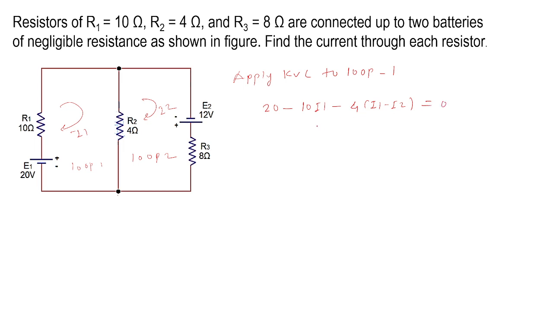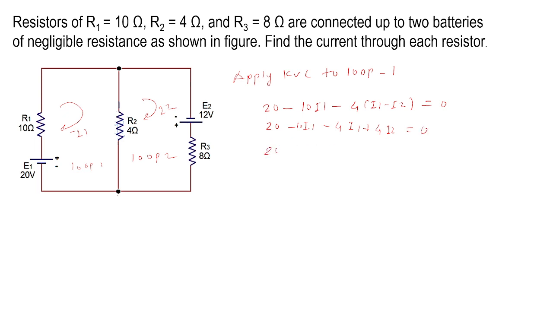Okay, if you solve this, you will get the equation for loop 1. So it will be 20 minus 10 I1 minus 4 I1 plus 4 I2 is equal to 0.